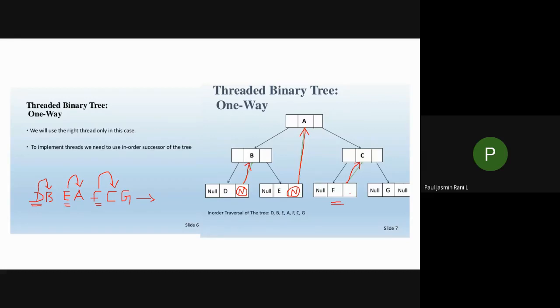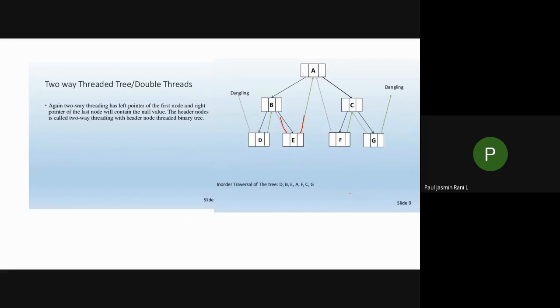If I go for two ways, then I have to see the in-order on both sides, that is, the previous one and the next one. See here, suppose I want to fill this B node. Let us consider this D node, because the D node has the left child and right child marked as null.